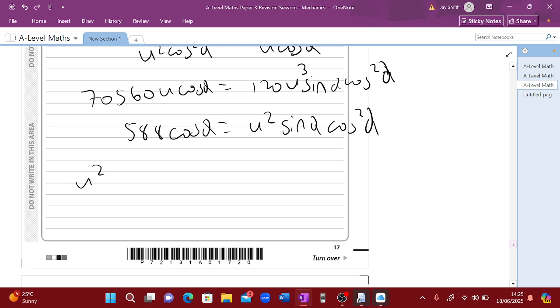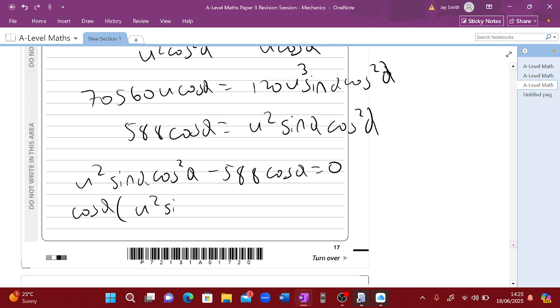So then if I move it again, u squared sine alpha cos squared alpha minus 588 cos alpha equals 0. I can factor a cos alpha out and say cos alpha of u squared sine alpha cos alpha minus 588 equals 0.